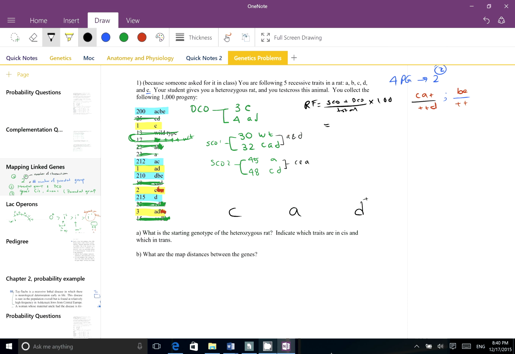Anyways, so now I'm gonna apply this in the equation. If I want the distance between C and A, I'm gonna use 45 plus 48, plus my double crossover, which is 3 plus 7, the whole thing over, they gave me the total, which is 1,000, times 100.